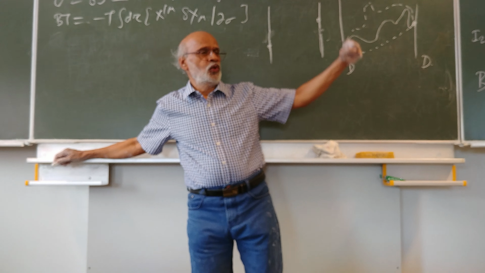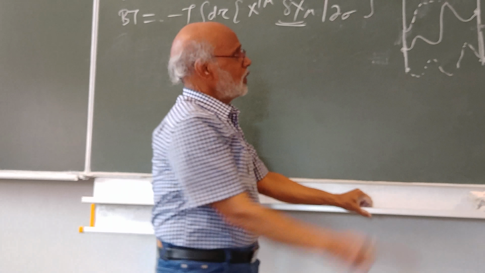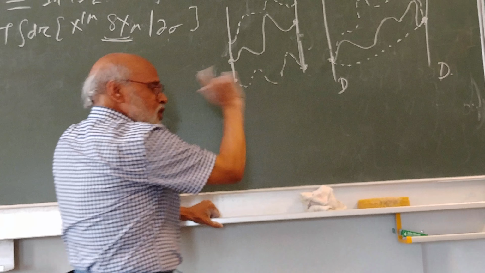What happens to the Neumann boundary condition? Here x is not fixed. Here also x is not fixed. So delta x is not 0, also here delta x is not 0.